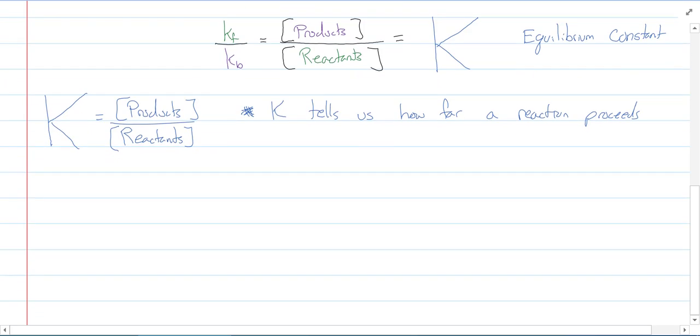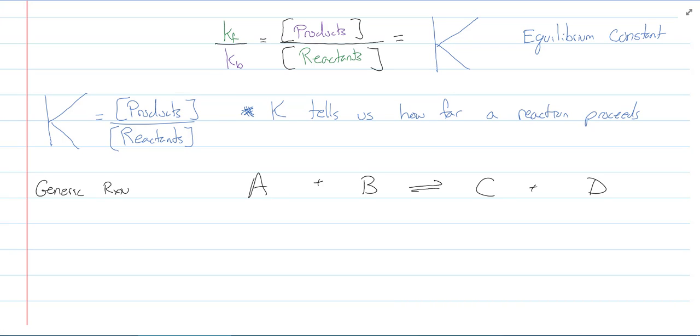And so if I have a generic reaction, A, B, C, D, and they have coefficients, let's say X, Y, I don't know, alpha and beta. There we go.